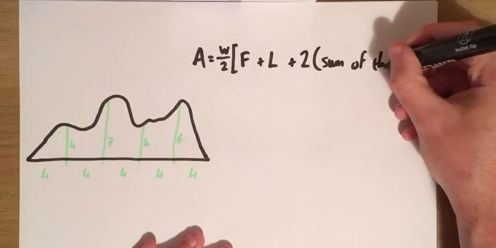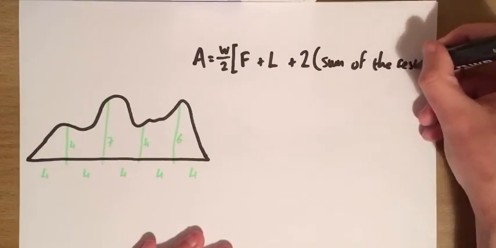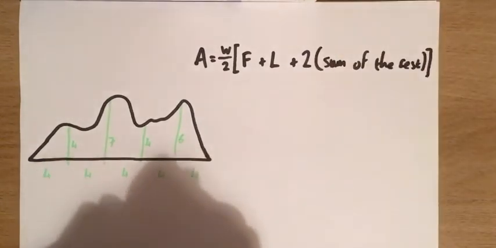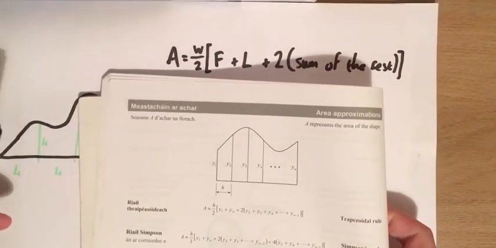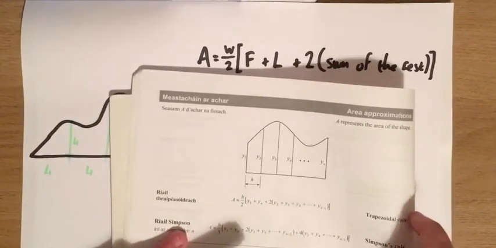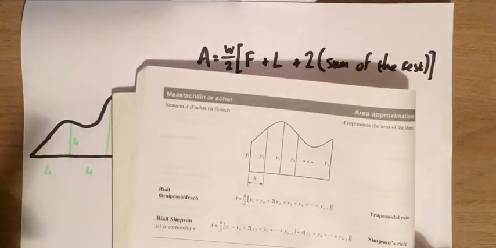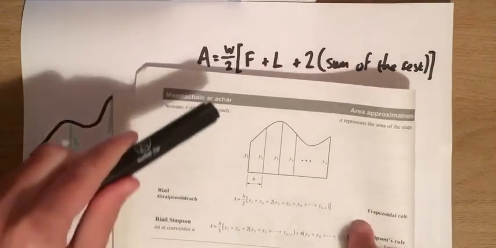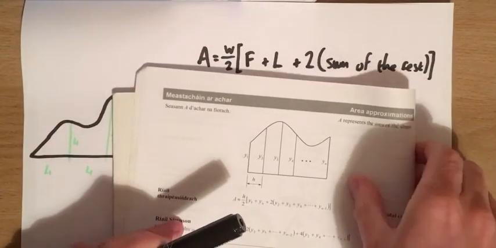So add all the other heights together. Again, that's what it's going to look like in the log tables. So you need to be able to go from that to this.